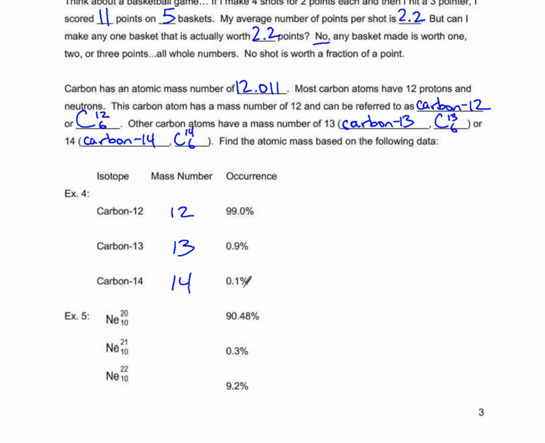Now, a quick review on percentages. A percentage is showing us part of a whole. This is 99%. What this actually means is 0.990. So this is the number out of 100. This is the number expressed as a decimal between 0 and 1.